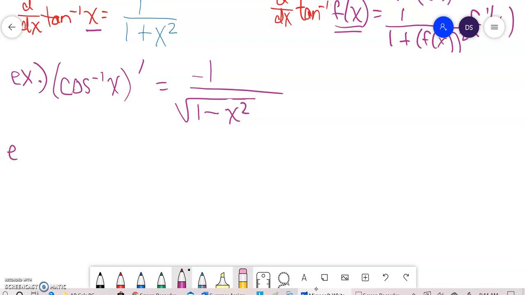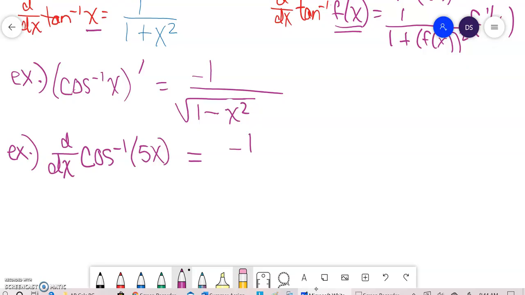So what they're going to do is make it just a little bit worse, and they're going to say, find the derivative with respect to x of inverse cosine of 5x. Now you see the composition. The inner function is 5x, the outer function is the inverse cosine. So negative 1, we have the basic one memorized, over the square root of 1 minus the function squared.